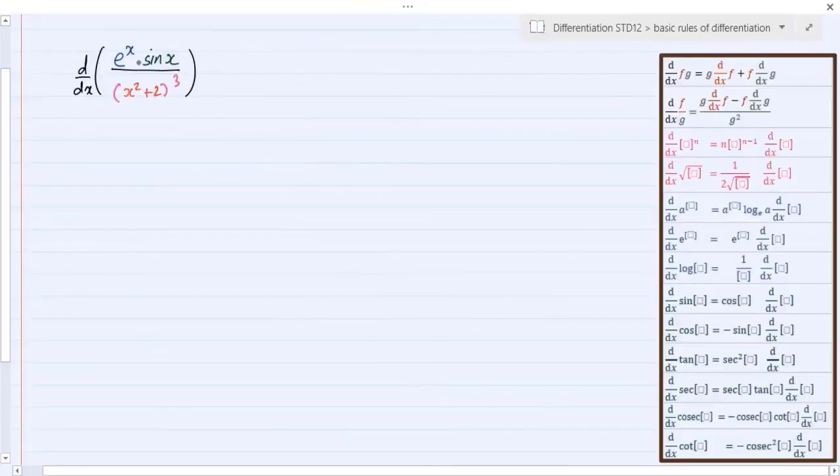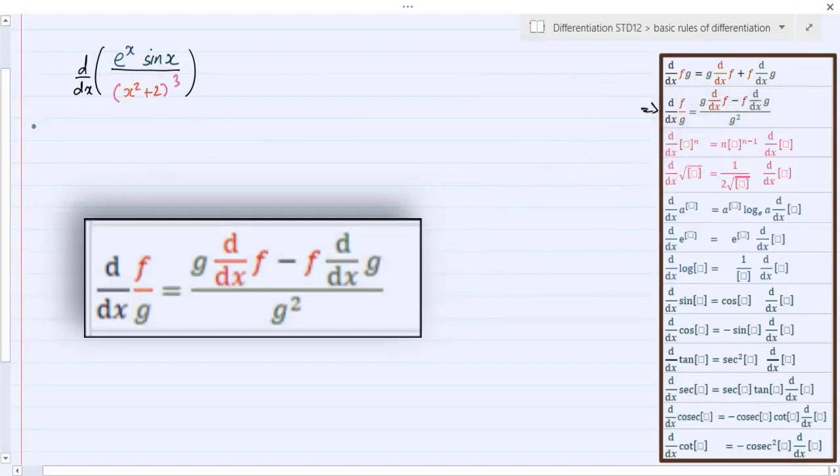Here we have to differentiate e raised to x sin x upon (x² plus 2) the whole cube. We have functions in division, so initially we have to apply the division rule. So according to the division rule, your denominator, which is (x² plus 2) the whole cube, will be as it is.